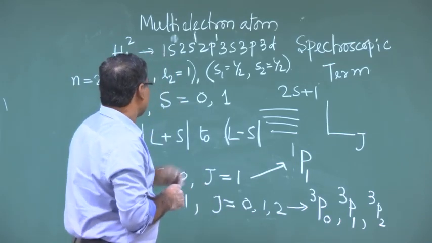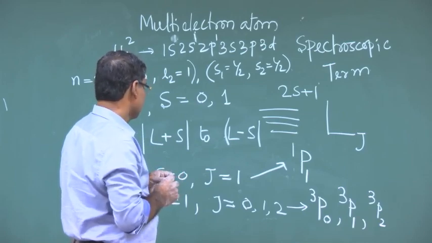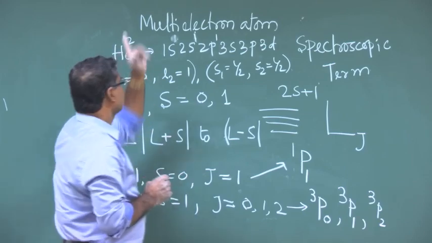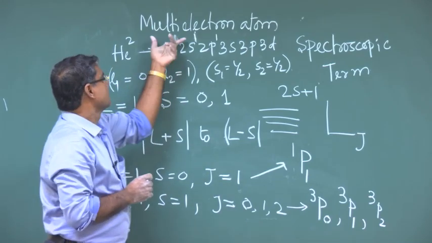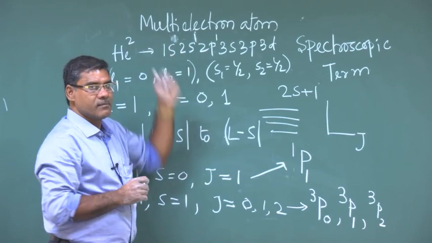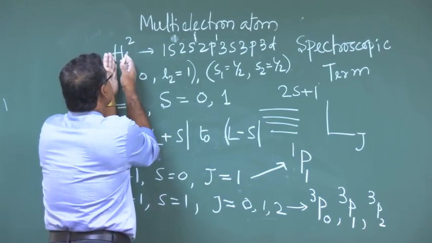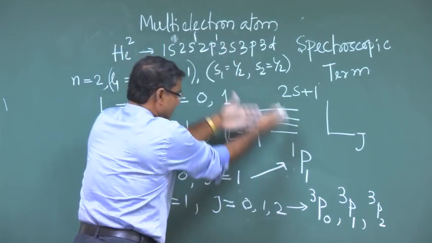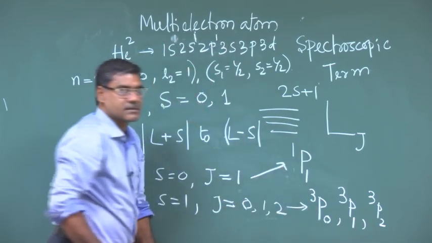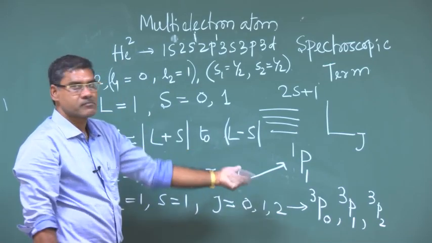Now here, as I mentioned, the Pauli exclusion principle. In the case of helium, if the electron distribution is like that, these are the 4 possible states, and it will be in one of them.